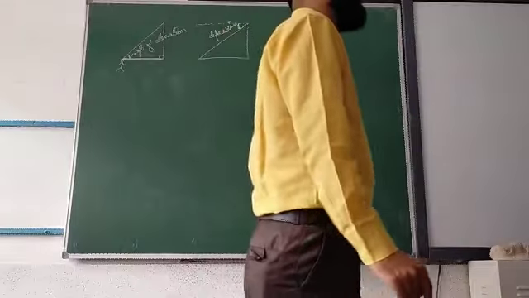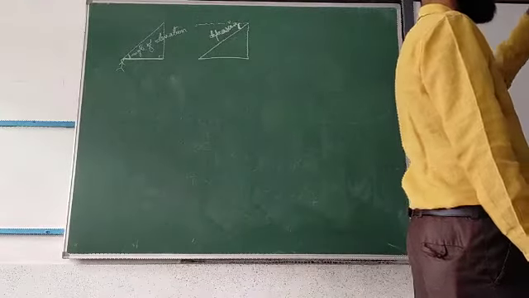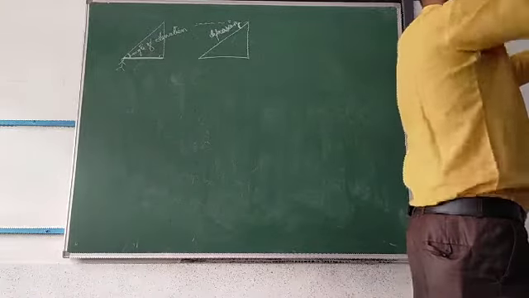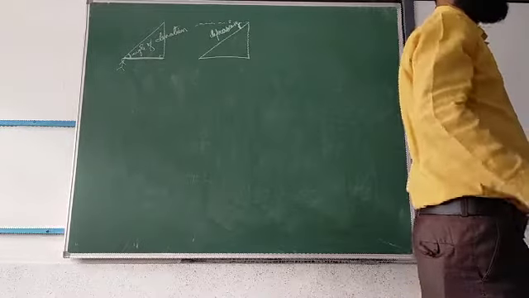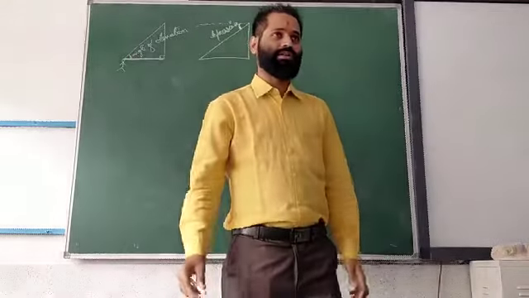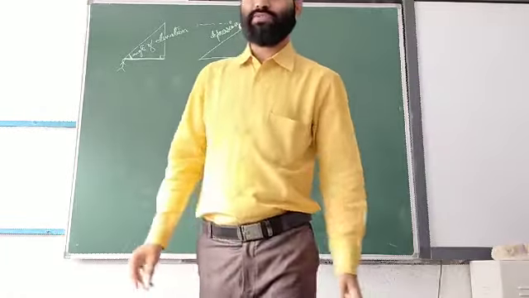Is it clear? Now as I am moving closer to it, you will see that this is my line of horizon. Now the angle has increased. As we are moving closer to any object, remember that the angle of elevation will increase.